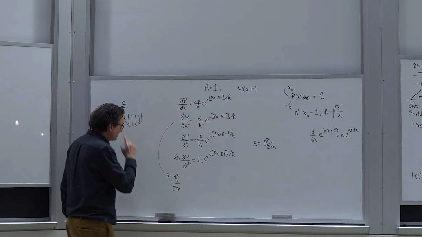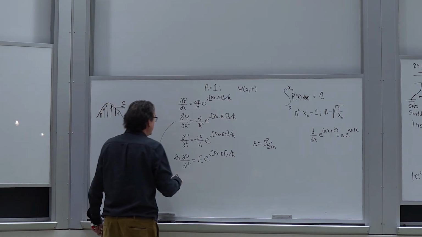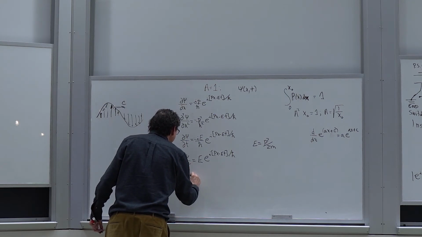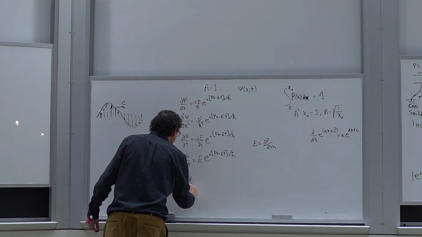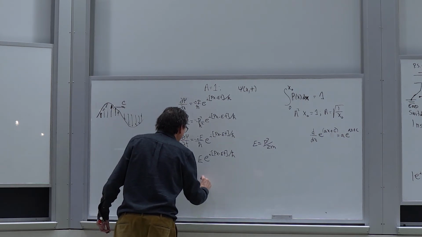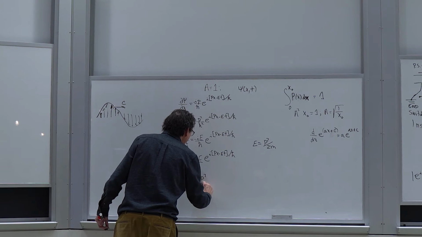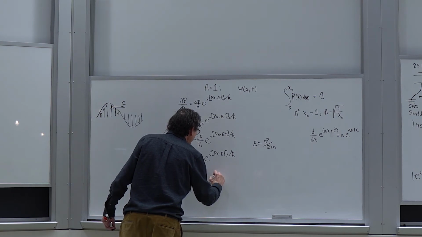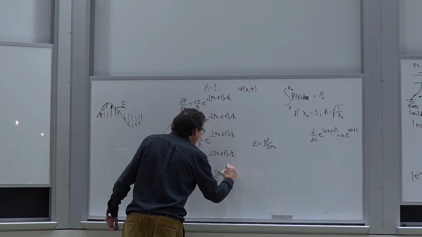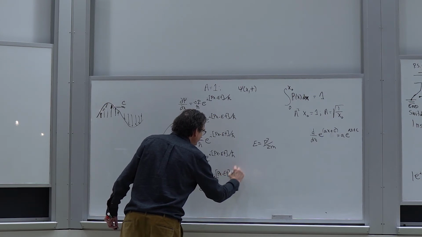So I multiply this by that, and I get that minus h bar squared over 2m times the second derivative of psi with respect to x is equal to p squared over 2m times e to the i(px minus Et) divided by h bar.